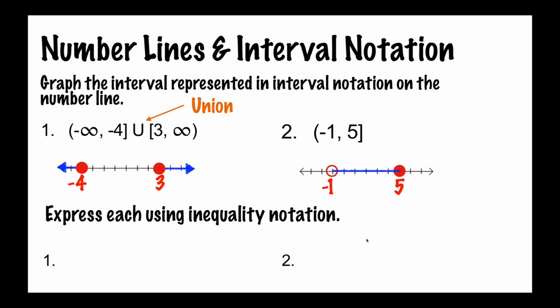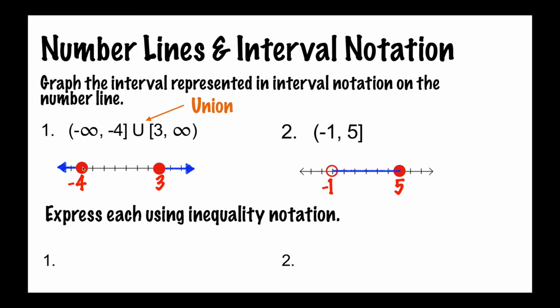Now the last thing we're going to do for numbers 1 and 2 is express using the inequality notation. So here we have two separate parts connected by the union, and that's going to show up as an or statement down here. So we're going to describe this part first. This part is talking about the values that are less than or equal to -4.